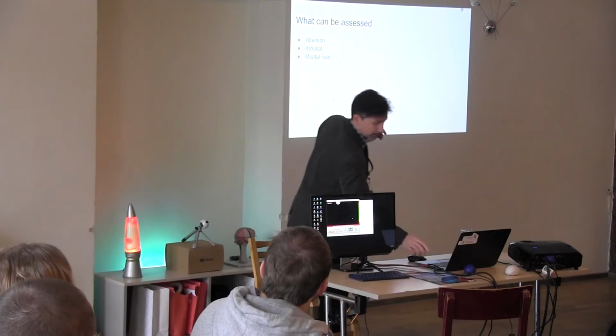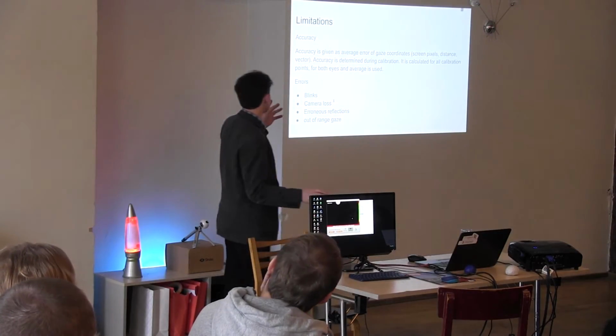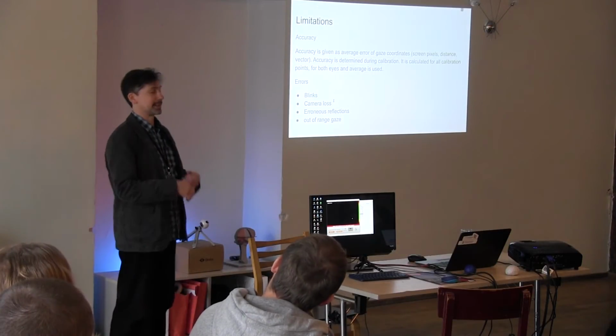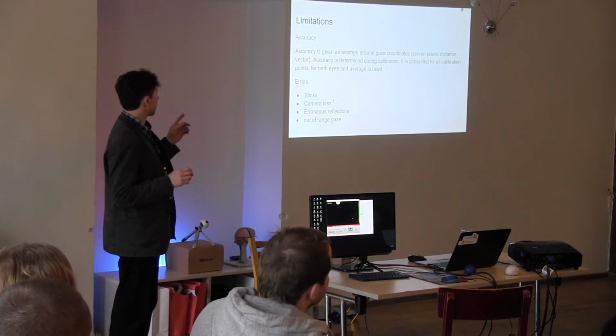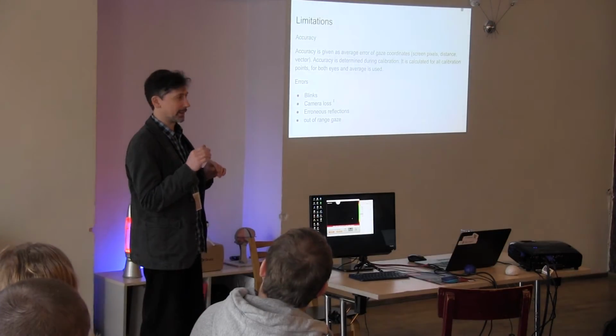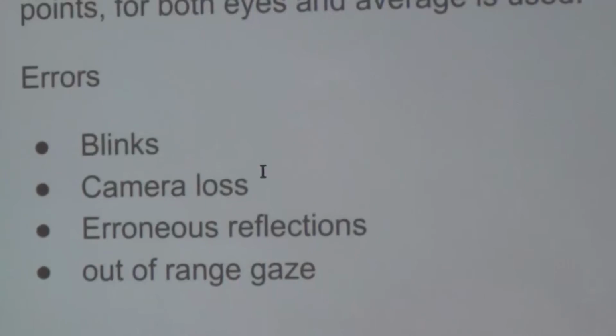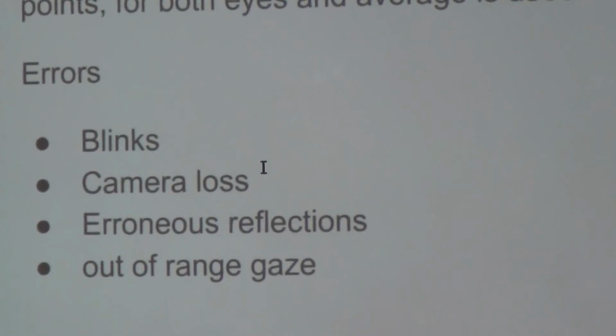Shall I wrap up? Yes, just about the errors, and then it is over. First, when you blink, the machine cannot see where you look. Sometimes you can get out of the camera range.